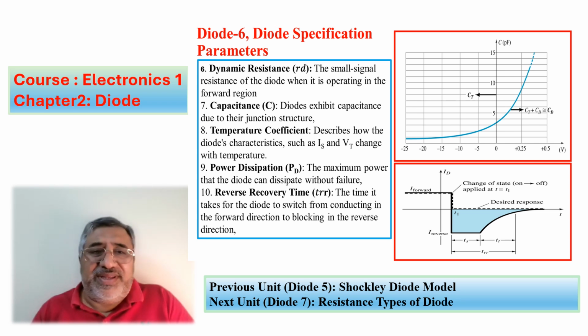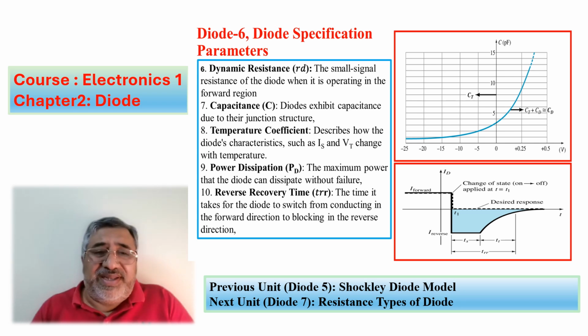When the diode is reverse biased, the depletion layer is very large, and the strong positive and negative polarities create transition capacitance. The amount of the transition capacitance depends on the reverse voltage we apply.